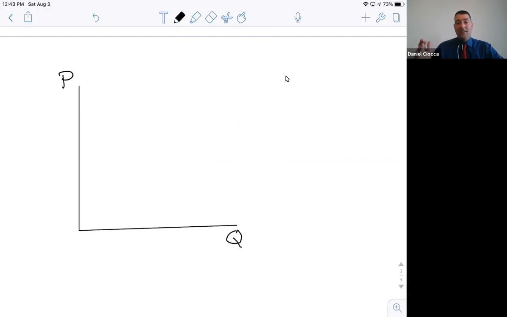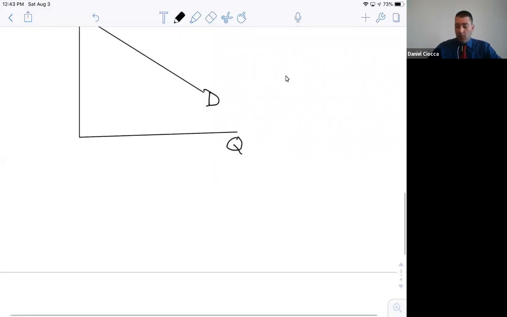And I'm going to draw a downward sloping demand curve. And I'll draw it as a straight line, and I'll label it D. That's all I have to do from now on, and all you have to do as well, to label those demand curves.